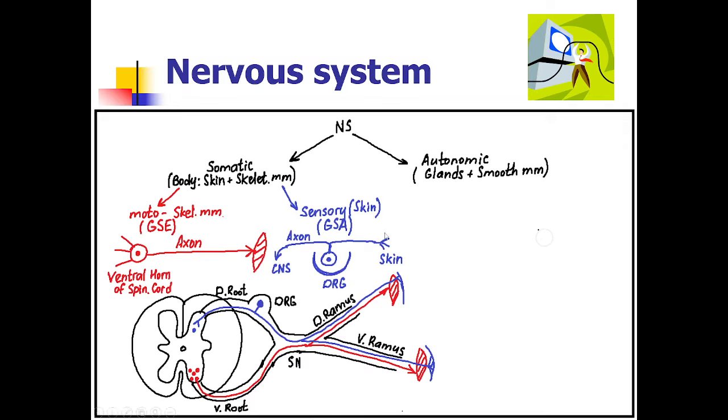In the spinal cord, I conduct this information from the sensory to the motor, and through the motor axons I keep running that impulse back to the group of muscles through the general somatoefferent, and my muscles will contract and I will pull my hand away from that hot thing.